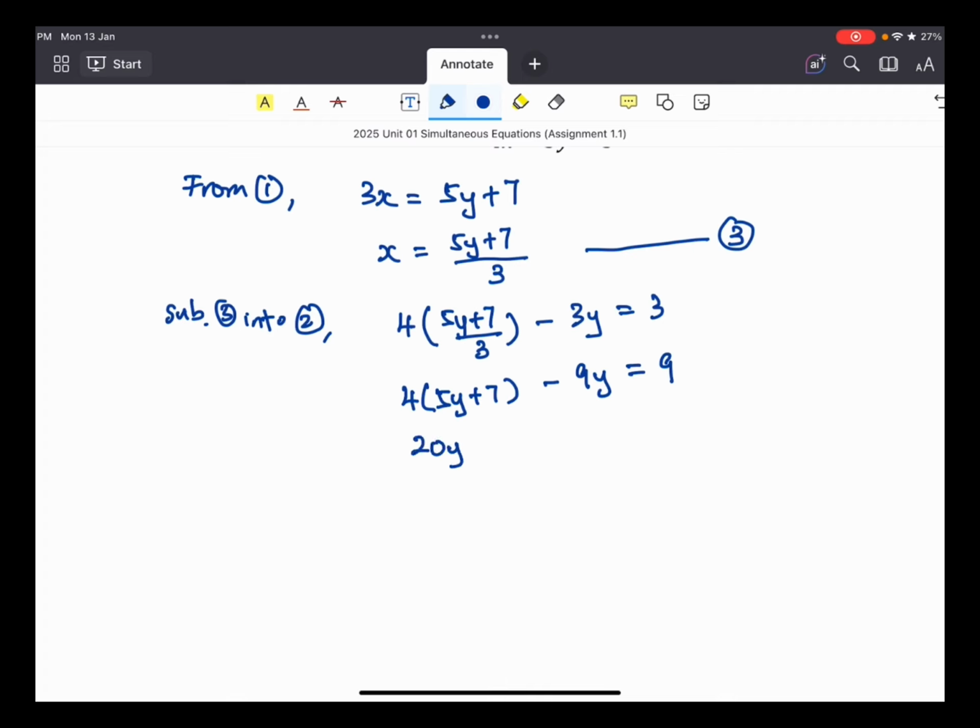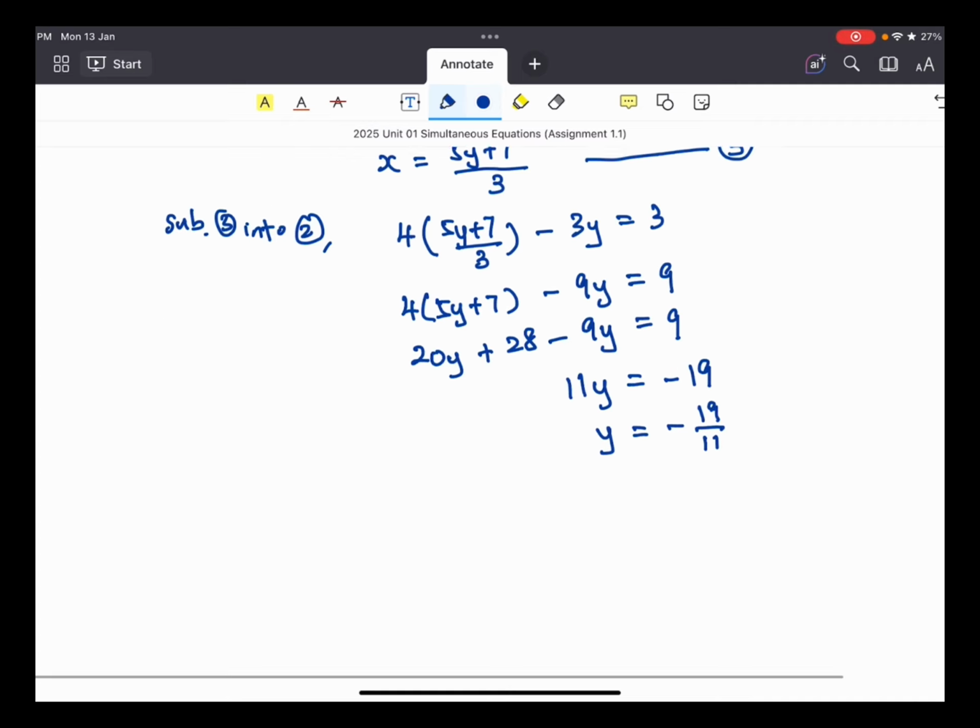Expand: 20y plus 28 minus 9y equals 9. So 11y is equal to 9 minus 28, which is negative 19. So y is equal to negative 19 over 11.